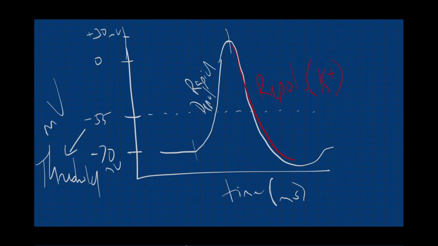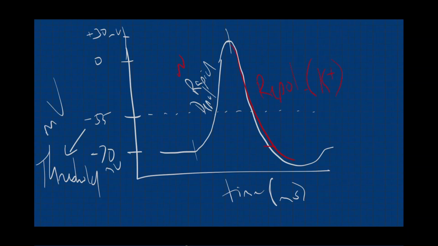But when potassium moves all by itself, it's going to want to go to like negative 90. It's going to keep dropping. And eventually, when we get down below negative 70 again, what happens to the potassium channels at this point? They close. Potassium channels do close. There's no inactivation gate on a potassium channel, just the sodium ones.